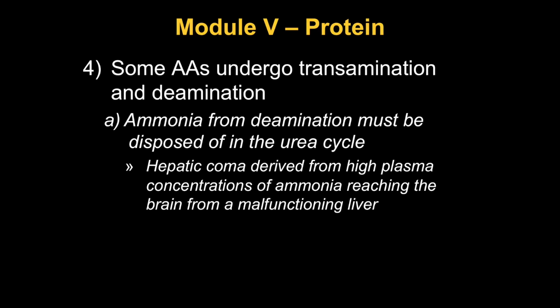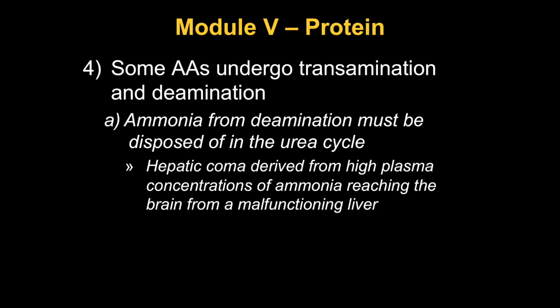It's important that the ammonia, that amine group, has to be disposed of, and we dispose of that amine group in the urea cycle. So the liver is producing urea, and then that urea is going to be filtered out by the kidneys, and then, of course, urinated out. If you have liver failure, this is a great time to appreciate your liver for all the things that it does.